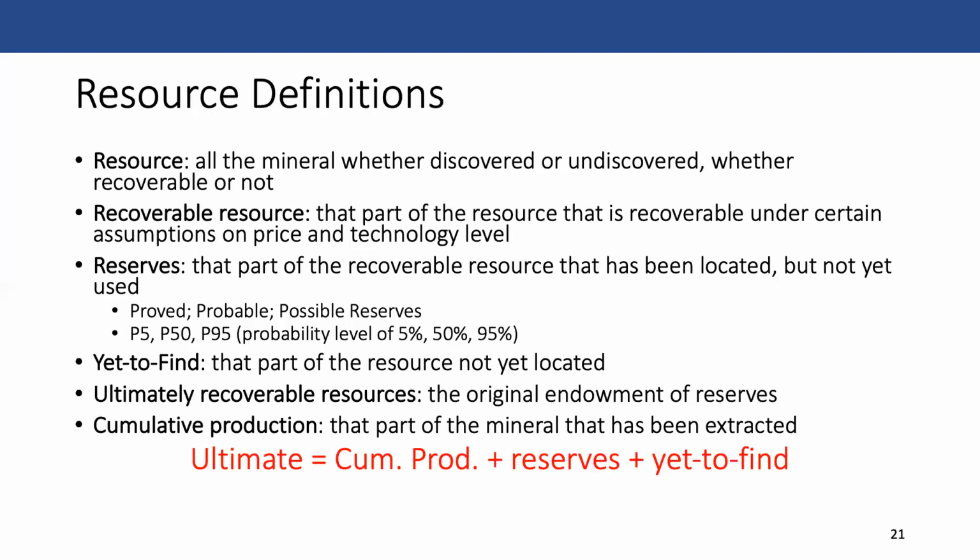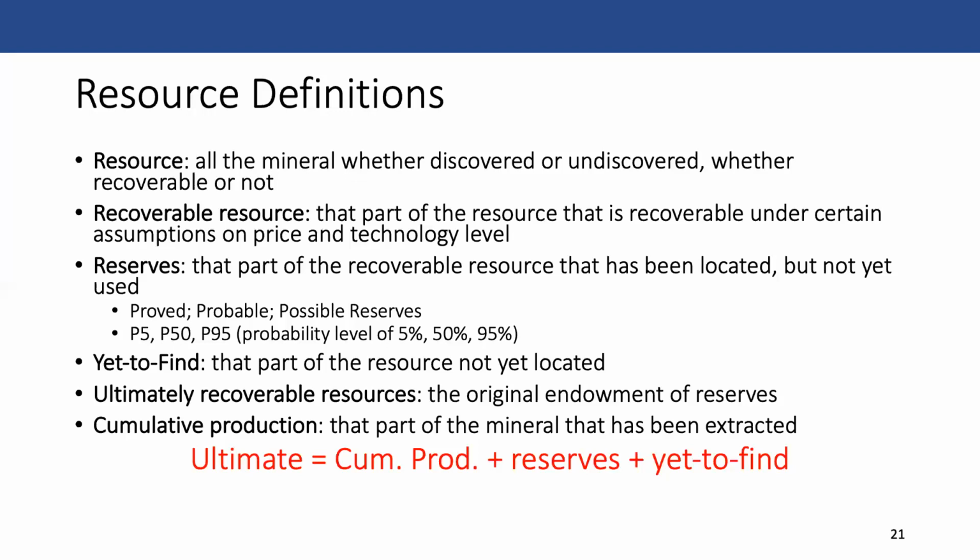And then there are the unrecoverable resources where we don't have the technology to extract it or maybe purify it. And so a subset of the resource is recoverable. And then of the recoverable resource, you have located it, but you haven't used it yet. And so those are what we call reserves.